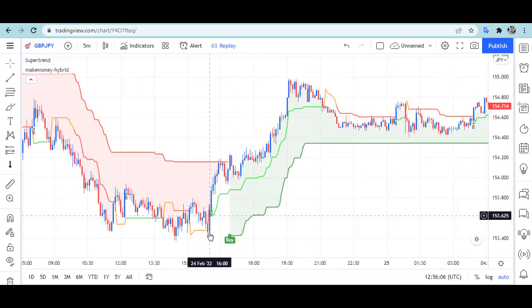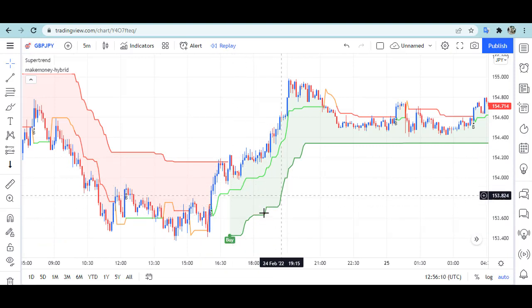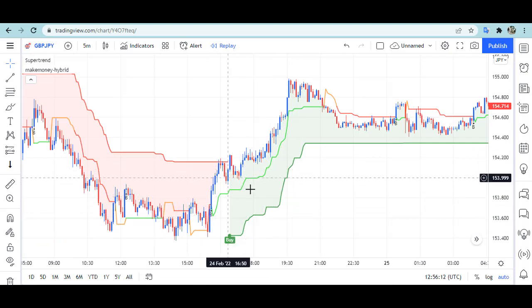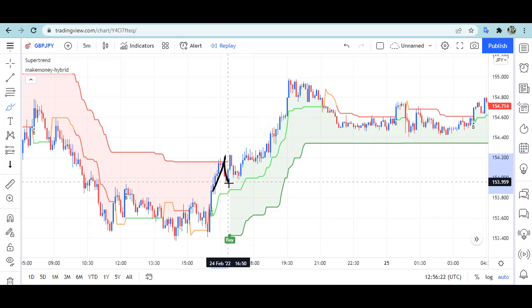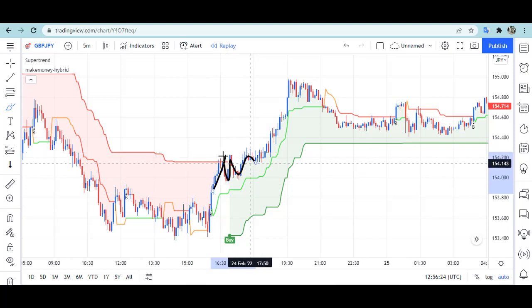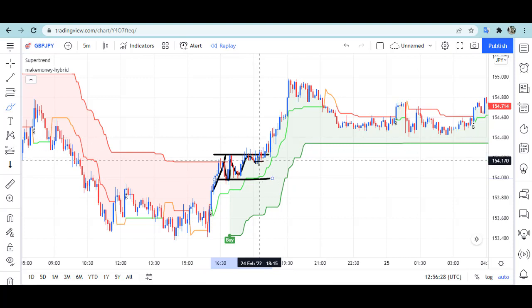For buy signal, we need the price above 2 indicators, and the 2 indicators are green, and we will wait for the price to go into a consolidation or a trading range. Define a trading range high and trading range low.